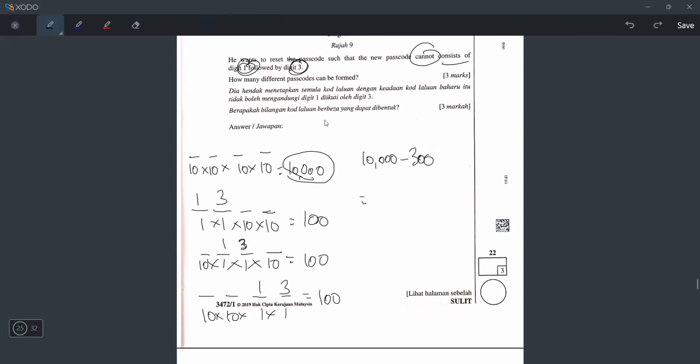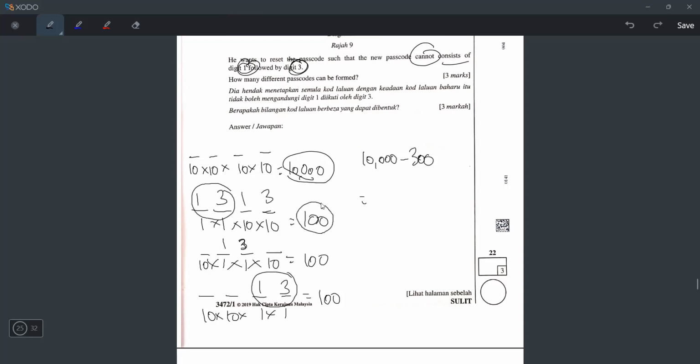Okay, but there's a detail here. There's an important thing here to take note. If I put the 1, 3 here, and I put the 1, 3 here, and here I have 10 choices, right? It means I can choose from 0, 1, 2, 3, 4, 5, 6, 7, 8, 9, from 10 digits, I can choose one. So there's a chance where I can choose 1 here and then choose 3 here, right?